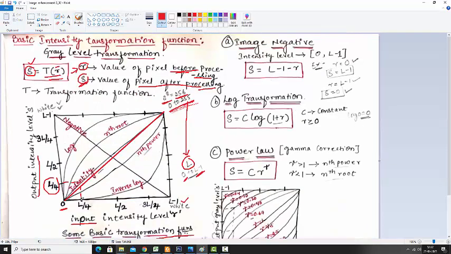In the identity, the same thing focuses on the same place. L by 4 and L by 4 are both the same, and L by 2 will also be L by 2. If it is drawn in a proper manner in a graph, we will see that both of them coincide.